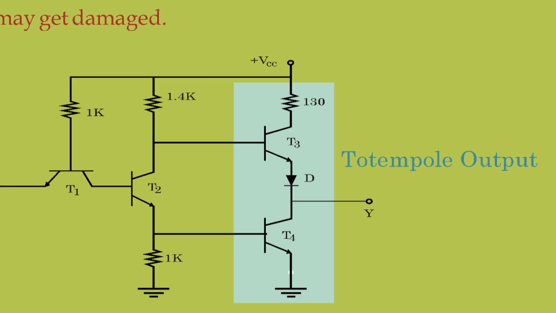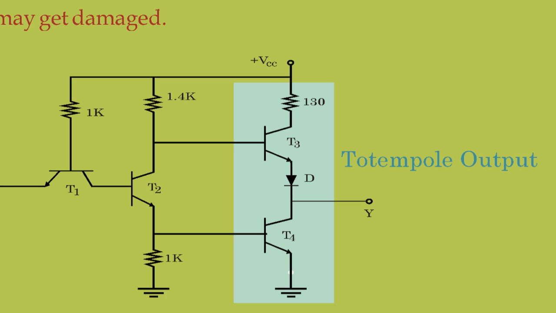Now this type of circuit, where the output is obtained in between the two transistors connected in series, is called a totem pole output. In the totem pole output, you might have seen the diode connected between the two transistors, because whenever the T4 transistor is off, the reverse current should not enter transistor T3.